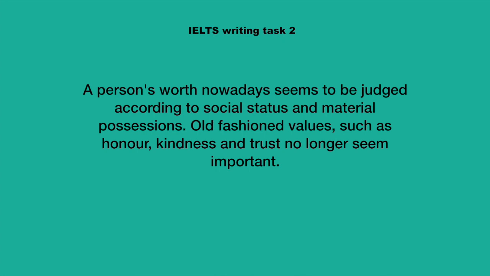So this is a sort of classic two-sided essay question that you would find in the IELTS test part 2. The idea here is for you to consider both sides of an argument, present evidence or points from both sides, and then in the conclusion give your opinion about which side you come down on in the argument.